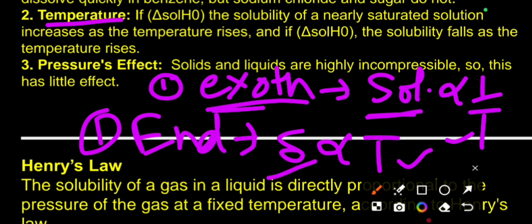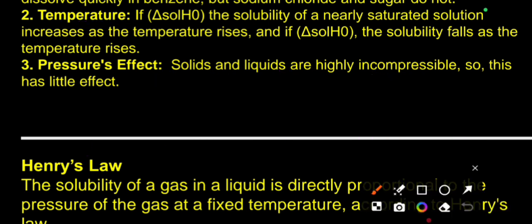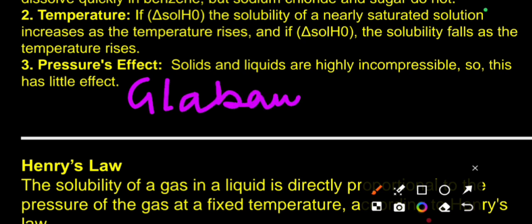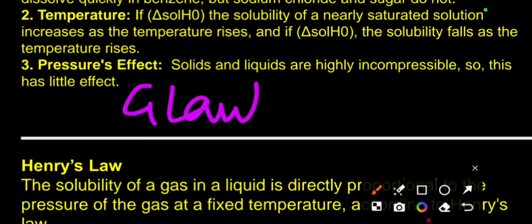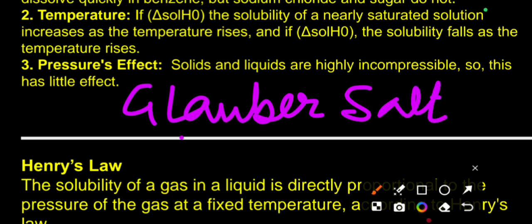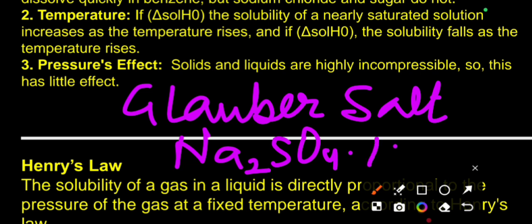One example you have to learn for all: the famous example, Glauber's salt. What is the chemical formula? It is Na2SO4·10H2O.